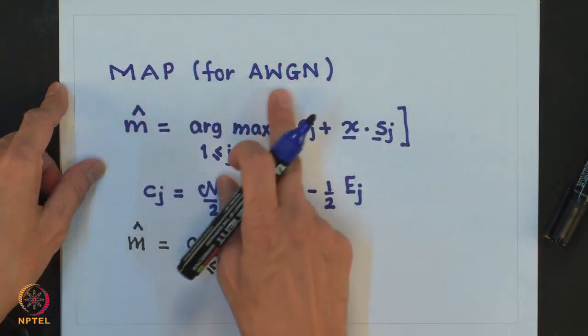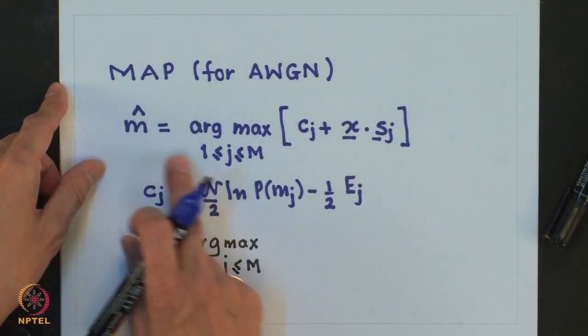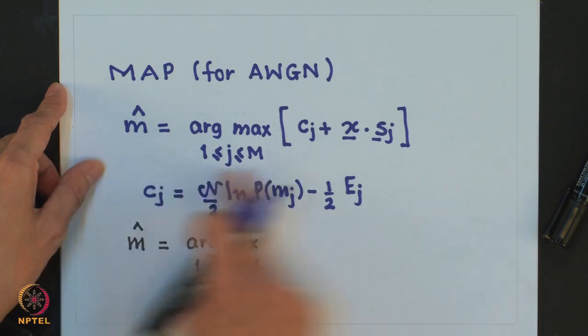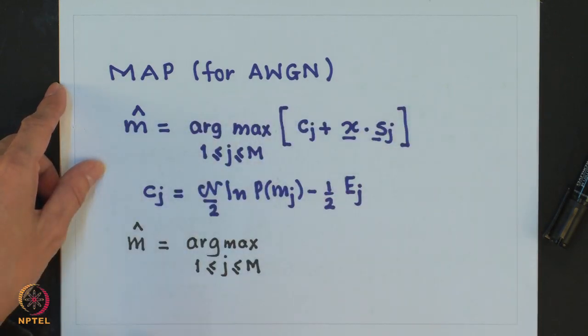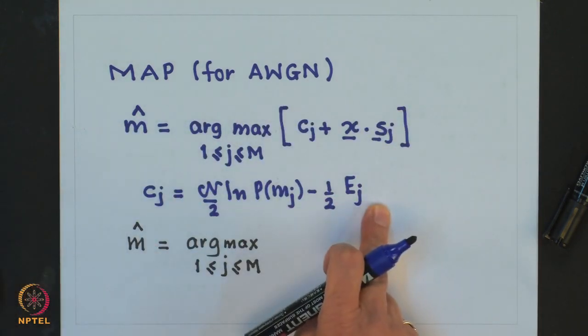Let us look at the MAP detector for the AWGN channel. I repeat the expression here, this is your decision rule where Cj is given by this.